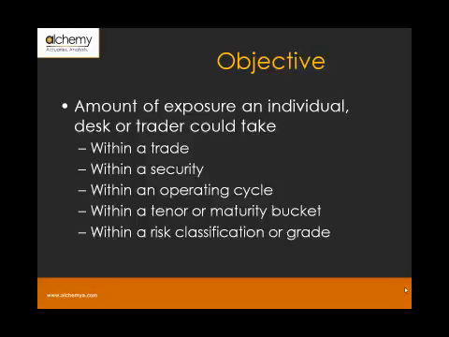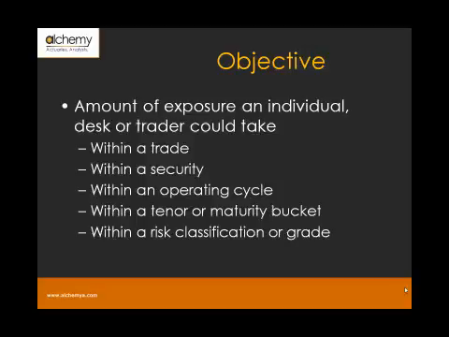So one trader, one individual by himself, should not be able to sink the bank. And he can do that if and only if he has the tools or the limits necessary for him to take on unreasonable risk that the bank's capital cannot support.